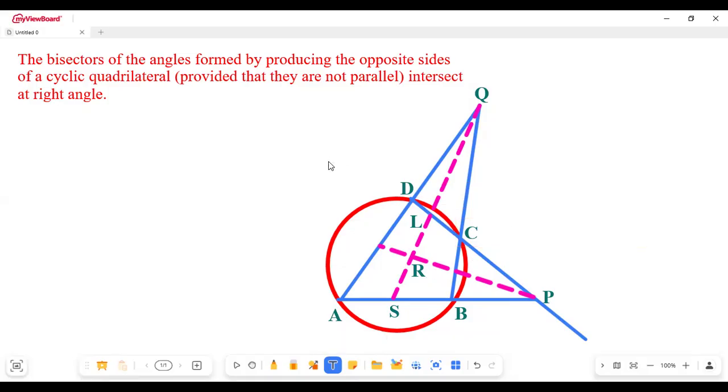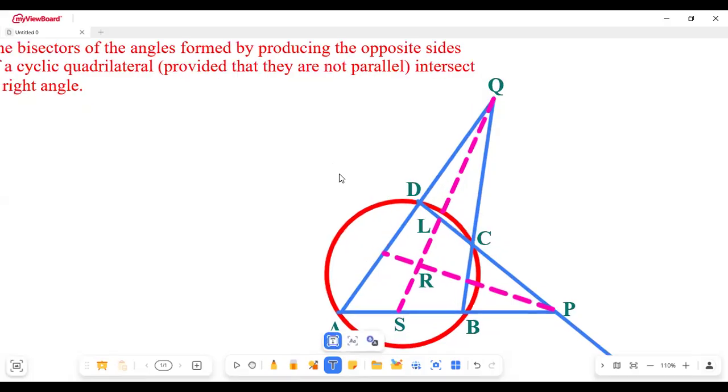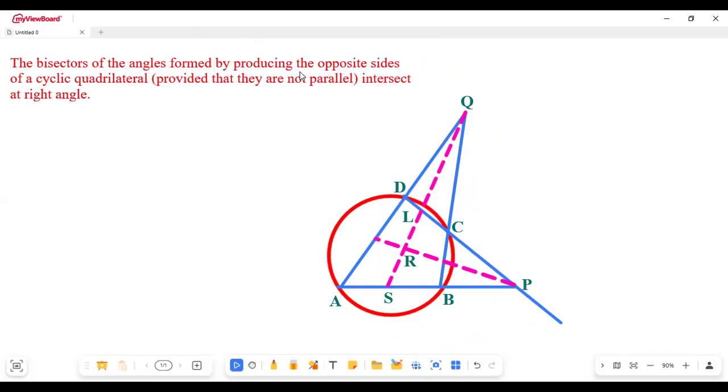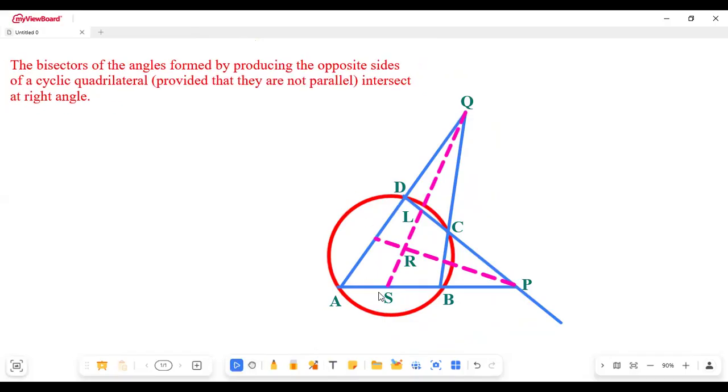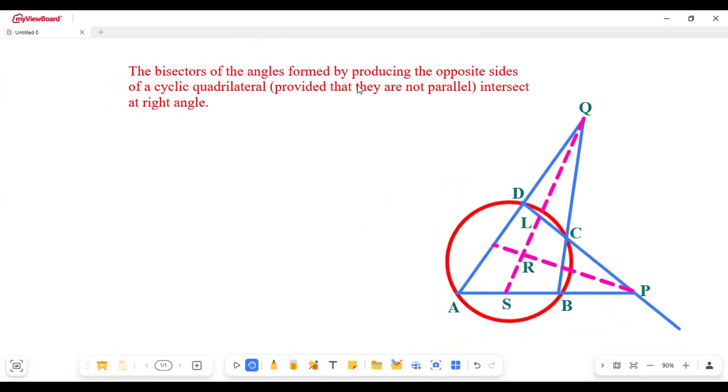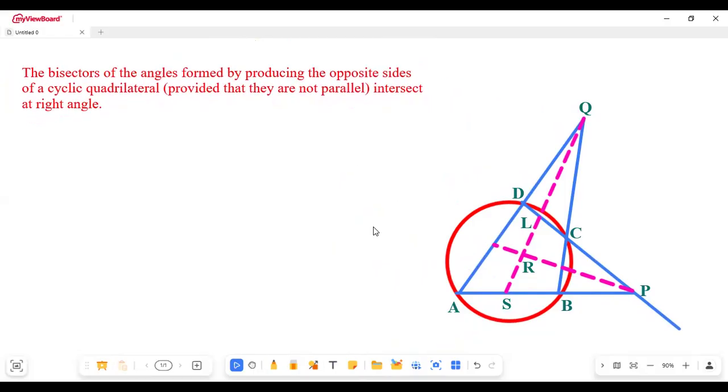Now, understanding this question first, we are extending this here so that we can easily answer the question. Now starting, what is the approach in this question?